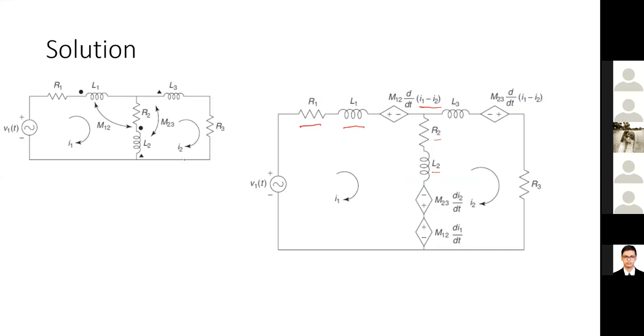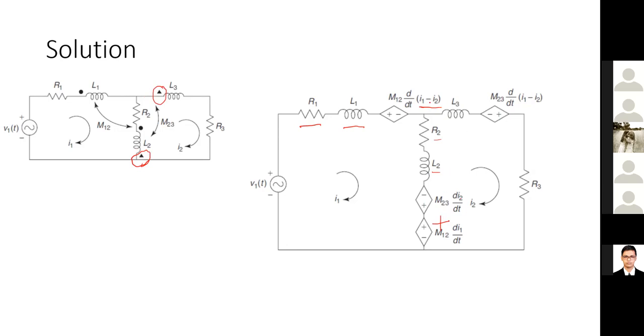And there is a mutual inductance because of M12, and another mutual inductance because of this. What is the sign for M12? M12 sign is positive. Whereas M23 is the dot corresponding to coil 2 and coil 3. Here the current is leaving coil 2, whereas current is entering coil 3. That is why we have a negative sign.